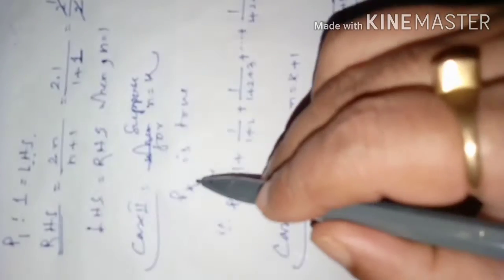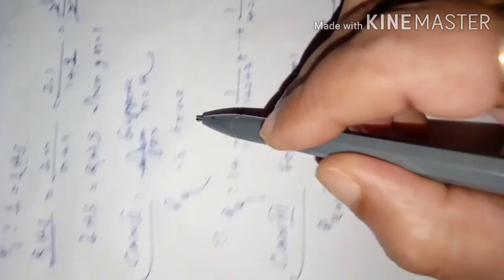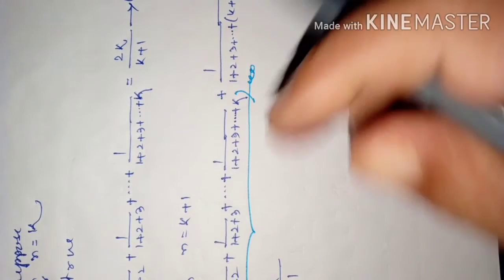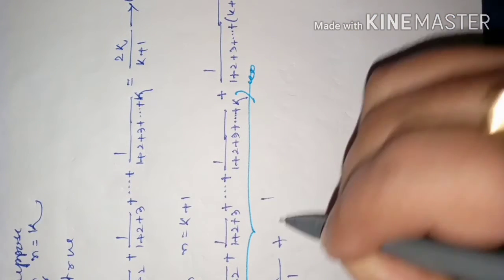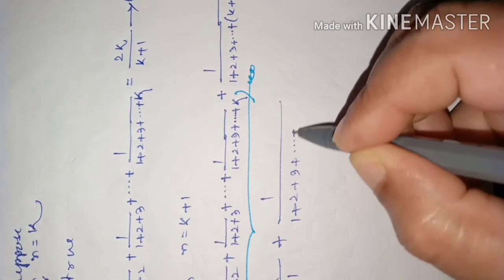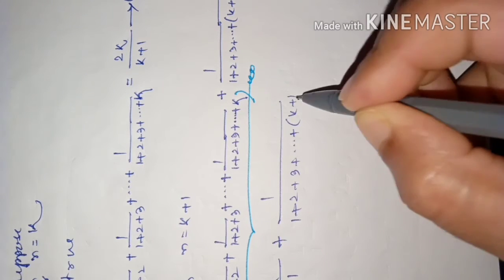We have supposed it as true, Pk is true, so this statement is true. That true statement we can substitute here. For this whole thing you can write twice k by k plus 1, plus the remaining term only, plus 1 by 1 plus 2 plus 3 plus dot dot dot plus k plus 1.